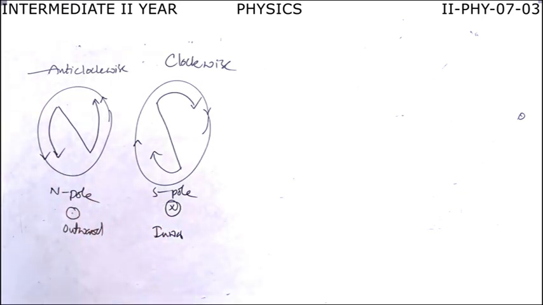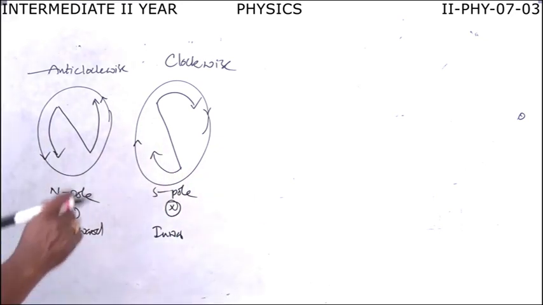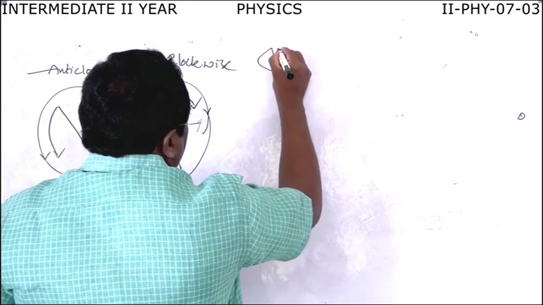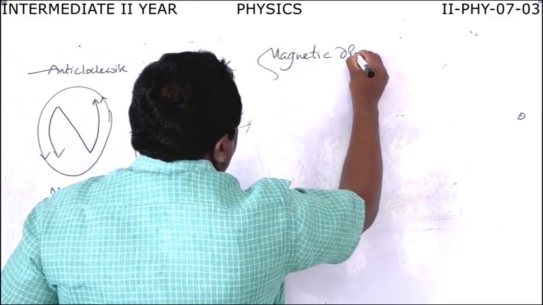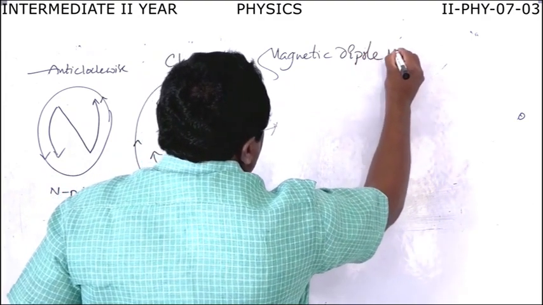The behavior of these poles can be described by the magnetic dipole moment, like the electric dipole moment.